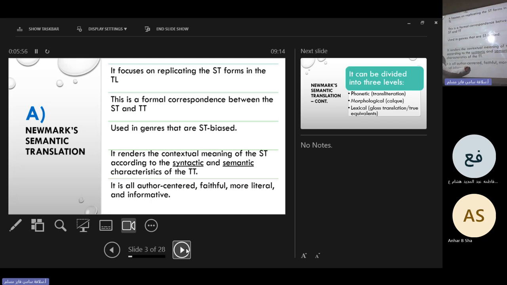It is all author-centered, meaning centered on the writer of the original text, the source text's original writer. It is faithful, and more literal and informative. Being literal doesn't mean that it should not be syntactically or semantically correct. For example, "ذهب الولد إلى المدرسة" or "the boy went to school."